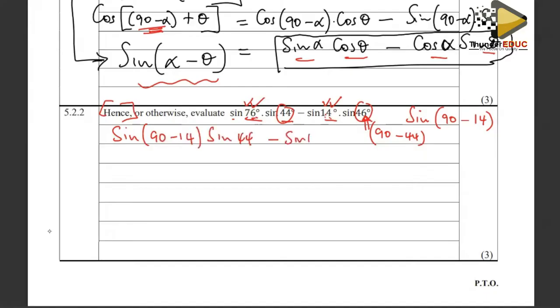It's saying minus sine 14, and then it's going to be the sine of 90 minus 14. You could also use the cos aspect, you would also get the same thing. So this is going to give me the cos of 14, the sine of 44, minus the sine of 14, and then cos of 44. We said 90 minus 44. Does that make sense?